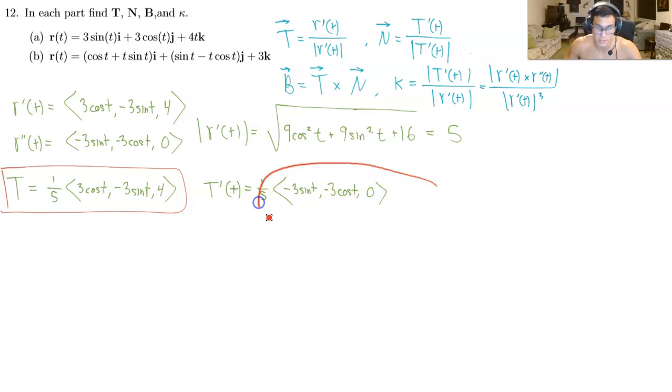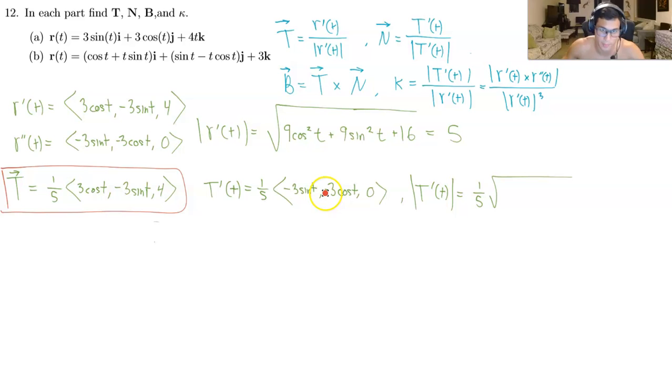And let's take the norm of this guy. Remember, you're taking the norm of this vector, but this is a factored out constant coefficient, right? So you could essentially just leave it out there for the norm and just have 1/5 out here, and then the norm.